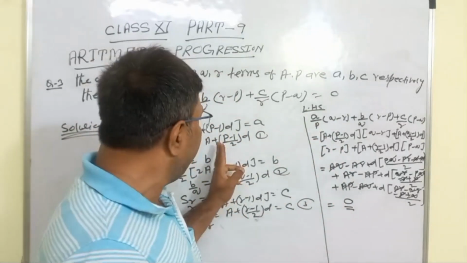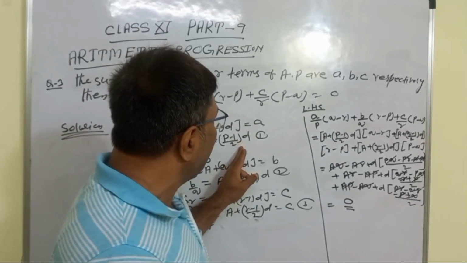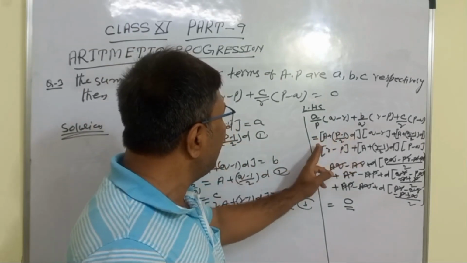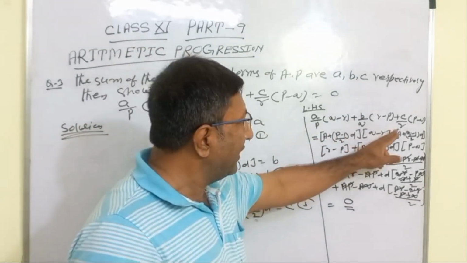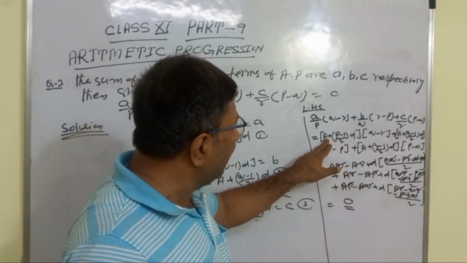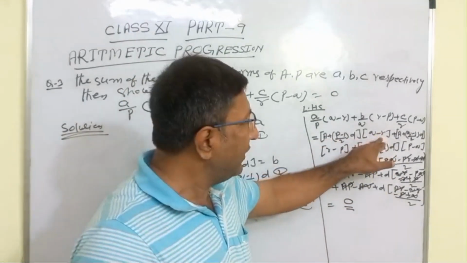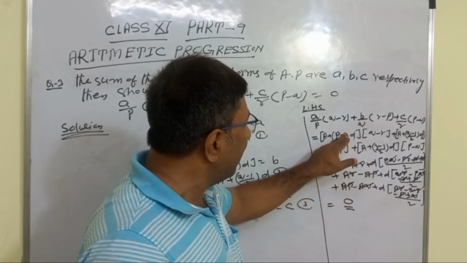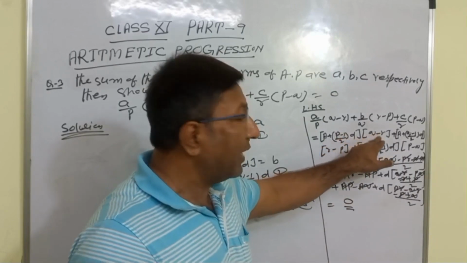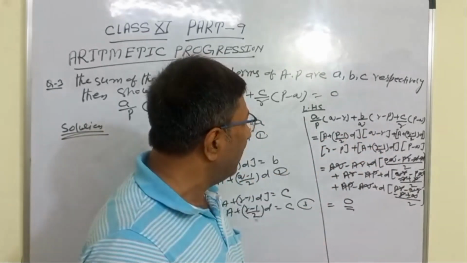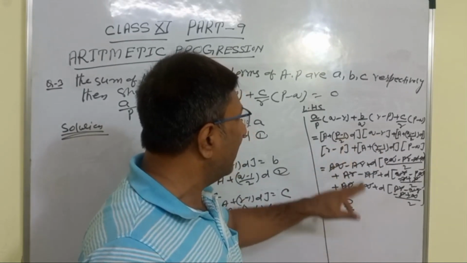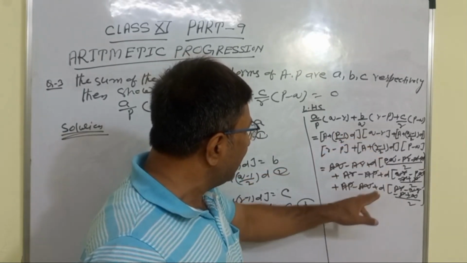From first, A plus (P minus 1 by 2) into D, right? Into Q minus R. Similarly, you multiply. Now A multiply Q minus R, so AQ minus AR. P minus 1 by 2D multiply Q minus R, so D by 2 is common. So PQ minus PR, so we have written here.